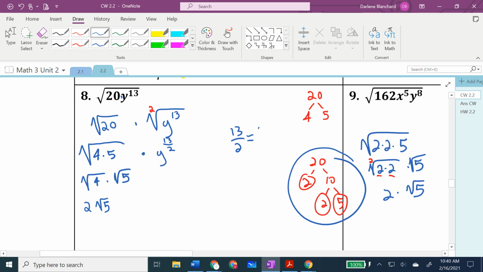Two goes into 13 6 whole times with 1 left over. So that means that this is y to the 6th times y to the 1/2, because again, this is actually 6 plus 1/2. And you would then write it as y to the 6th and then square root of y.